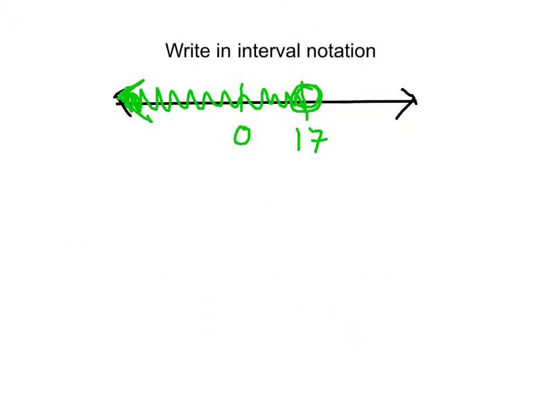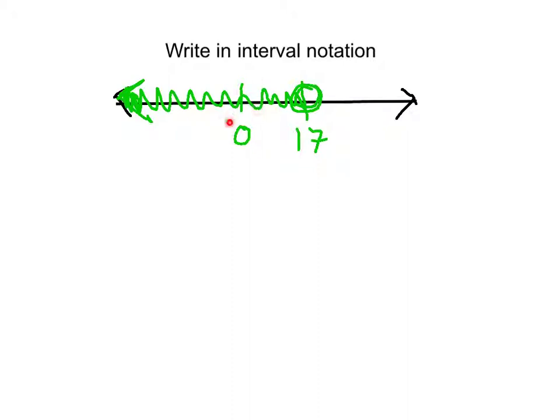Now we want to take this graph, this number line, and write it in interval notation. So we can see that this particular graph has all the numbers starting at 17, not including 17, and all the numbers that are less than 17. So to write this in interval notation, we always start with the smallest number, the number furthest to the left that's shaded.